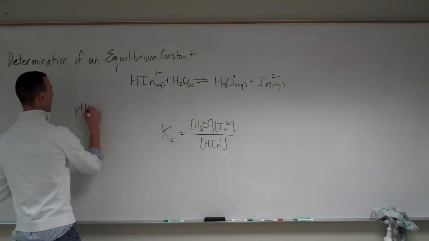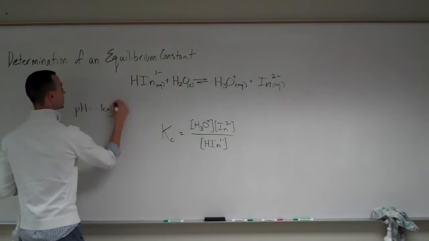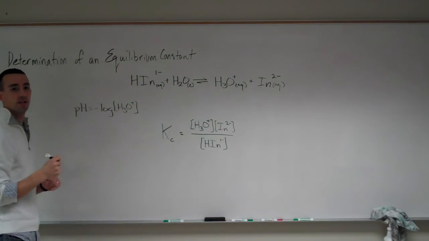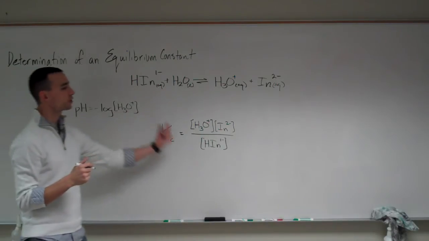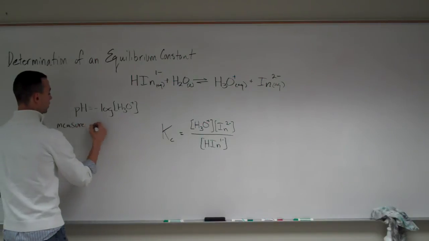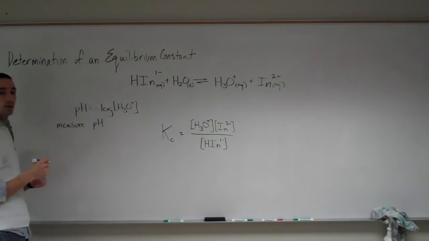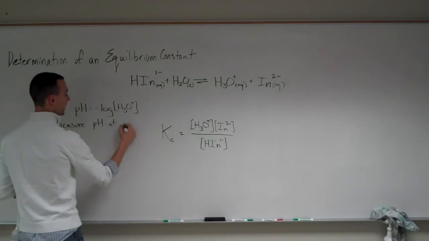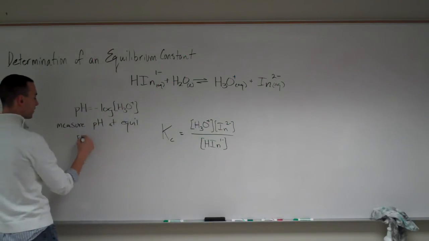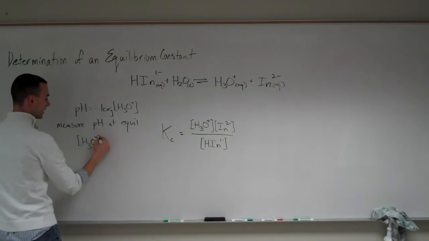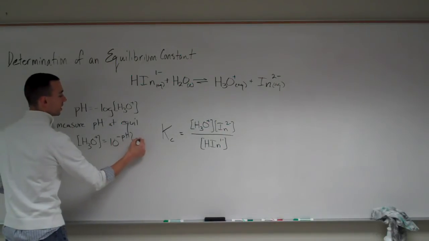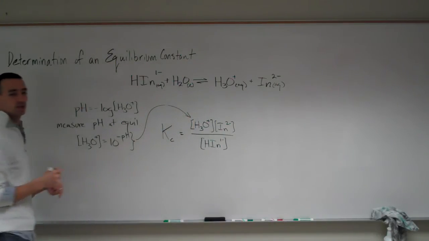We can quickly get H3O for any solution because we know that H3O is related to the pH. So we can simply measure the pH of our equilibrium solutions. Measure the pH at equilibrium. And then if we solve this, we would see that the H3O concentration would be 10 to the negative pH. And this would be substituted in there.